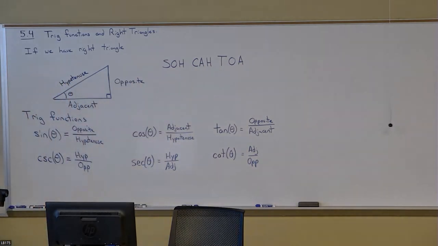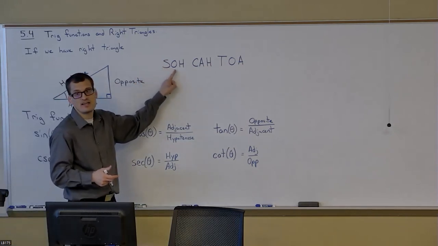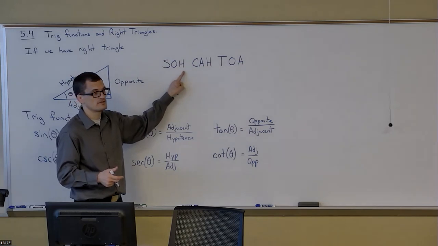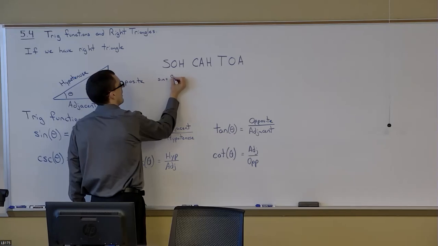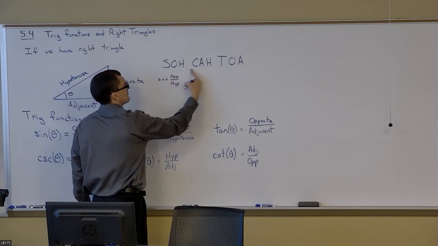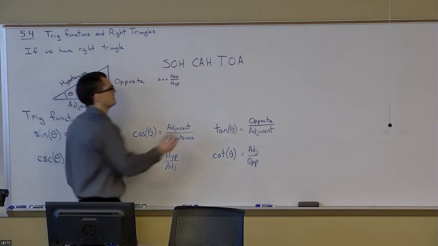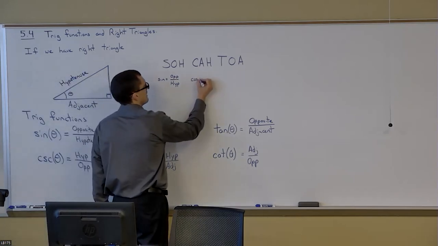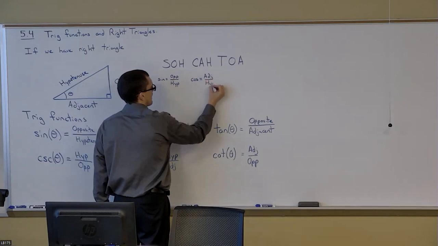SOHCAHTOA is just a mnemonic to remember that sine is equal to opposite over hypotenuse. That's the first three. Sine is opposite over hypotenuse. The CAH in SOHCAHTOA stands for the cosine is equal to the adjacent over the hypotenuse.